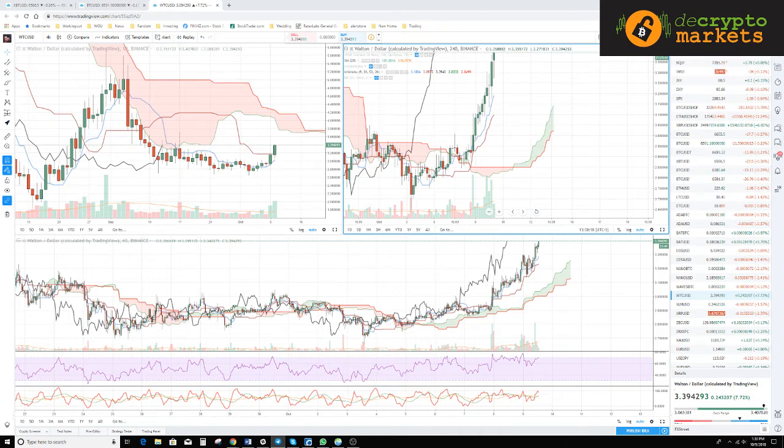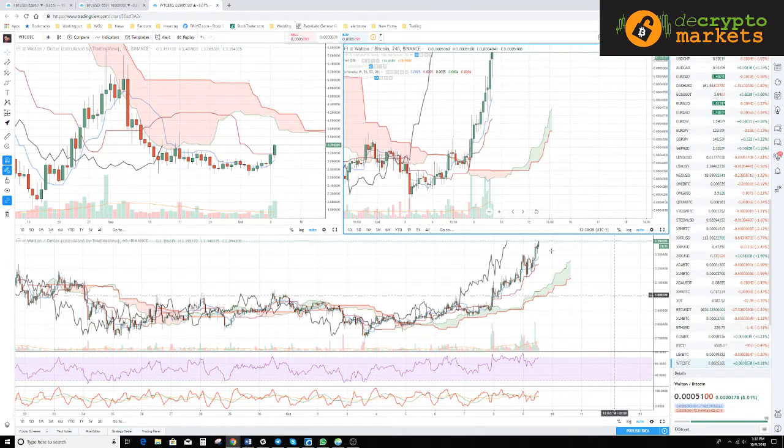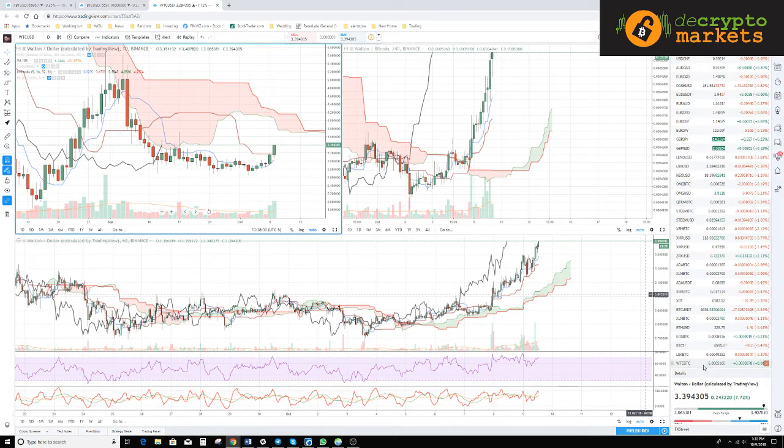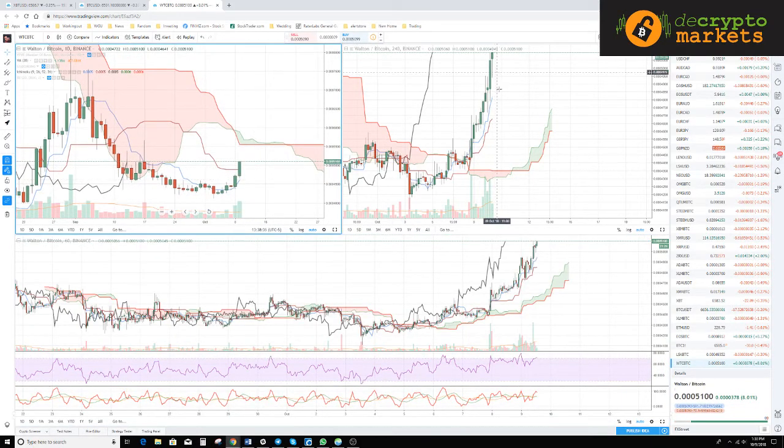You know what? Let me see the Bitcoin pair though, not the US dollar pair, even though they have pretty much the same charts. Walton Chain, pullback to 46.76.